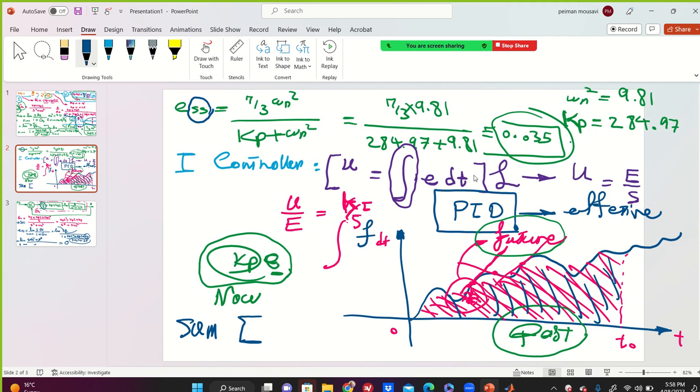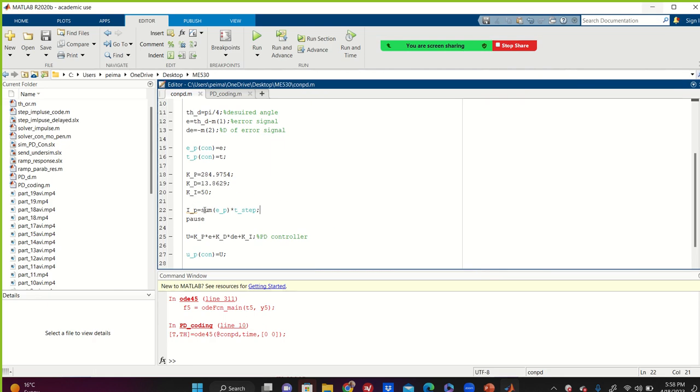Now you have this integration of E dt, but as you know, it has a Ki multiplied by that. So I'm going to say Ki multiplied by integrator. Everybody understand now? This is the gain of the P controller, this is the gain of the D controller, and this is the gain of the I controller.